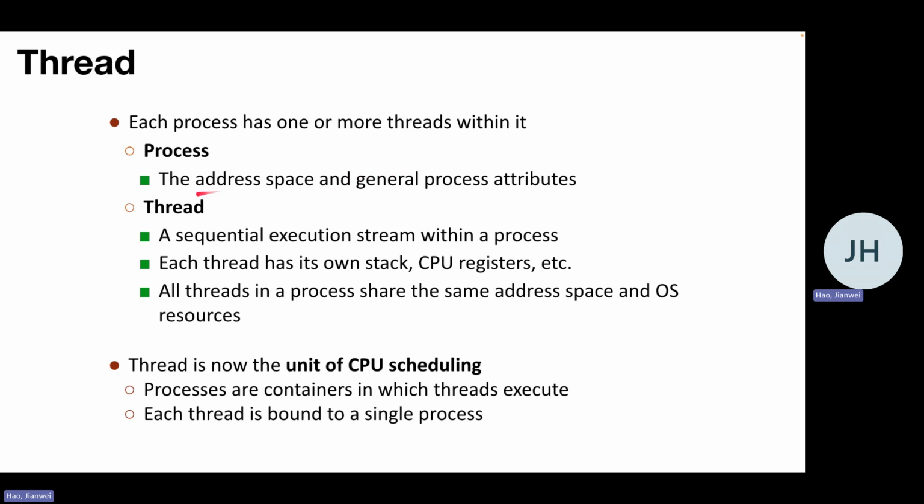For the process, the address space and the general process attributes are shared. A thread in the process is a sequential execution stream within a process, and each thread has its own stack, CPU registers, etc. These are multiple threads' information in the same process.